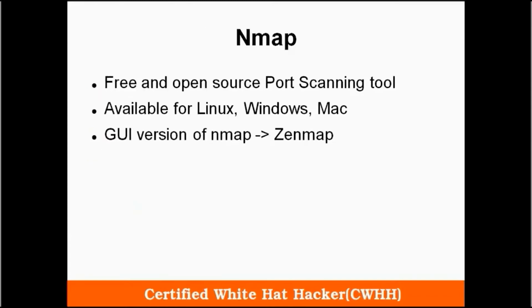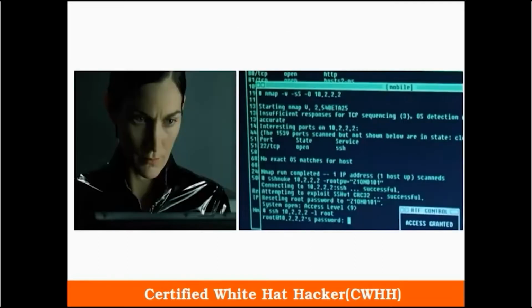So what is Nmap? Nmap is a free and open source port scanning tool. It is available for Linux, Windows and Mac, and the GUI version of Nmap is called ZenMap. Nmap has been around for a long time, and this picture is from the movie Matrix.